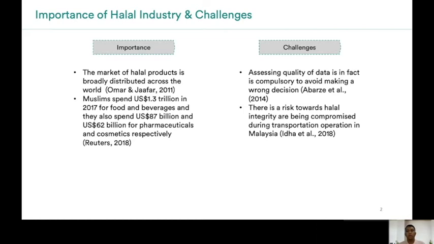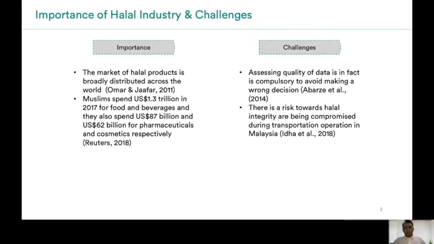This is a very huge amount of money going into the halal sectors, especially, as we know, food and beverages, but right now they're also expanding into pharmaceuticals and cosmetics brands. And then also in 2018, probably you know the Haribo candy, they first opened their halal candy store in London.